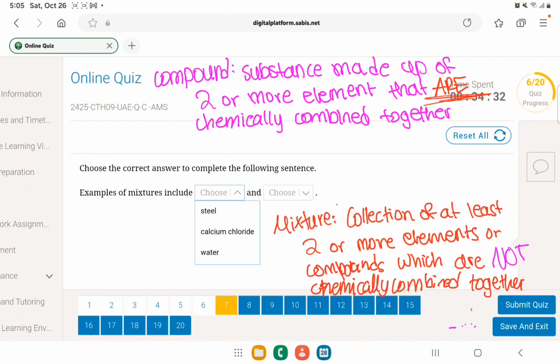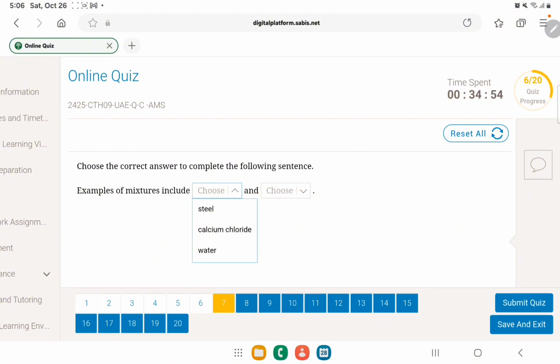But a mixture is a collection of at least two or more elements and compounds that are not chemically combined together. So that's the main difference. In compounds they are chemically combined together, but in mixtures they're not. So if we check the options, water is a compound, calcium chloride is a compound, but steel is an alloy, right?